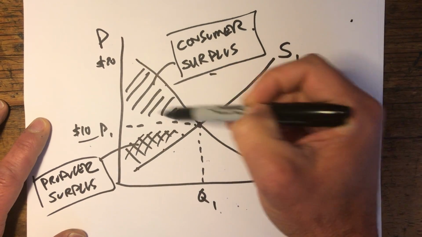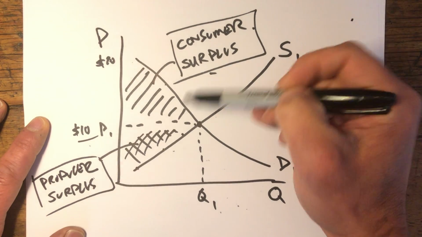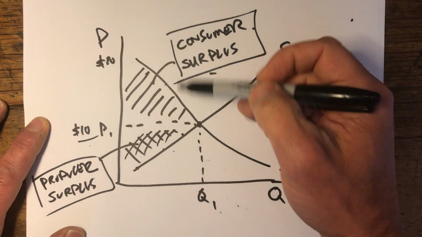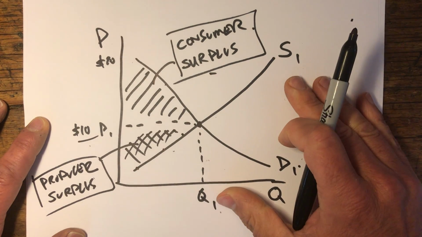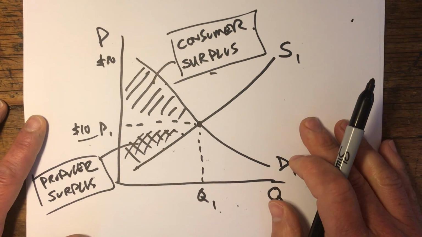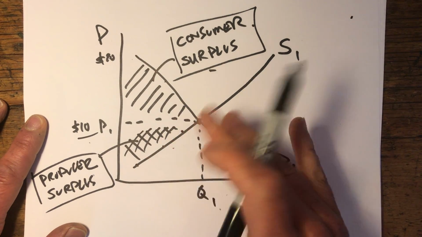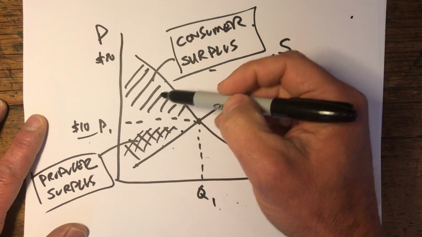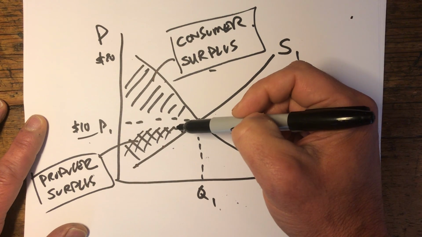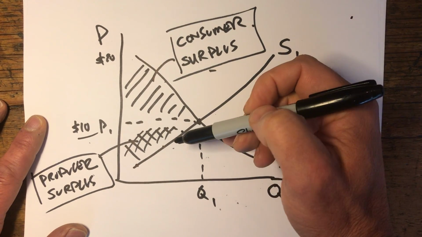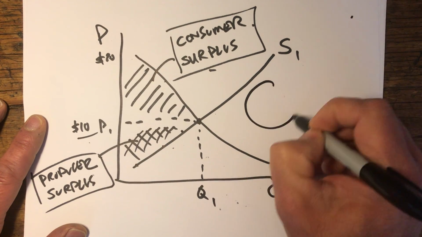So the relative size of consumer surplus and producer surplus, this is frankly the magic of a modern economy. You have a situation in pretty much every market, with some exceptions, where these two surpluses come into play. And because they exist, we have a better world than we would otherwise.